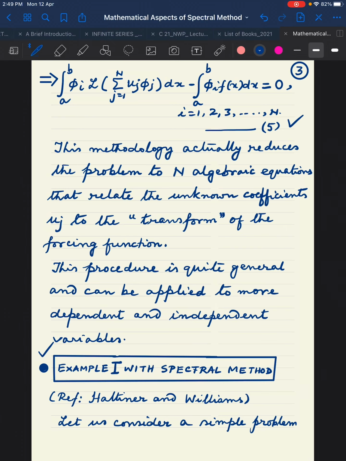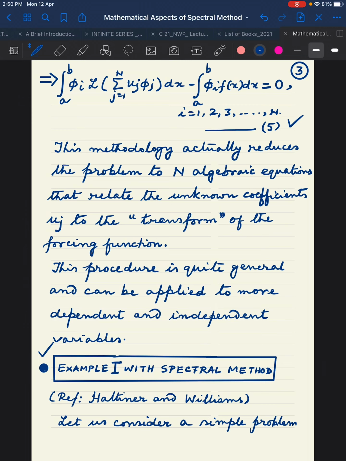So let us now come to a specific example: how to get equation 5 from a given differential equation. Example 1 with the spectral method. I have given you the reference.